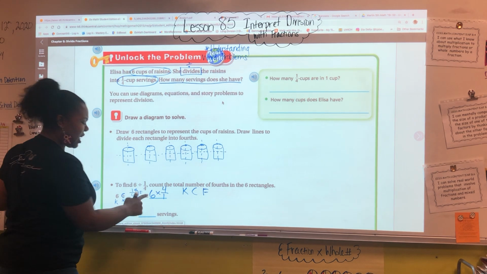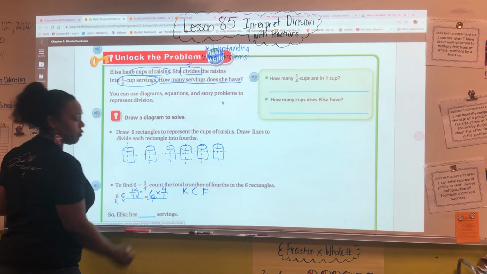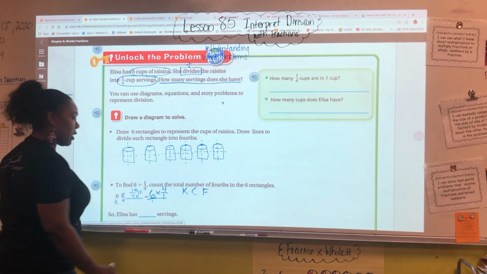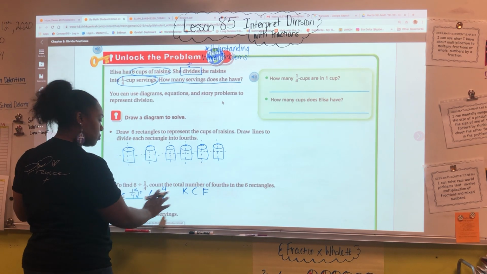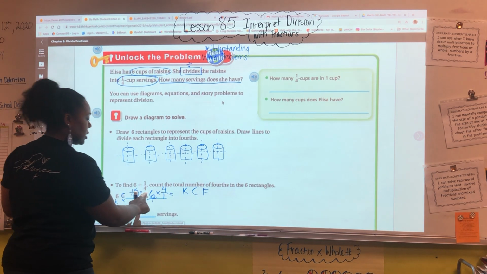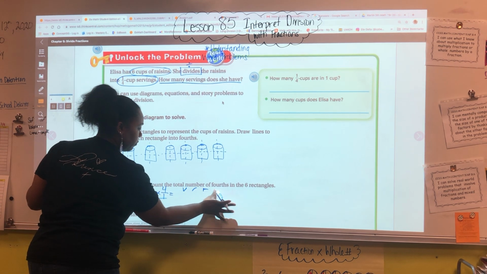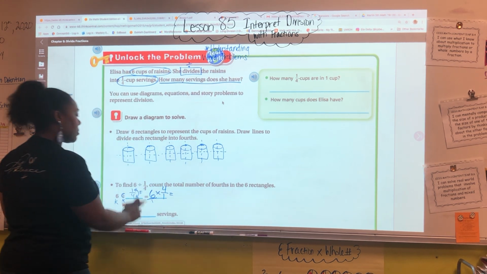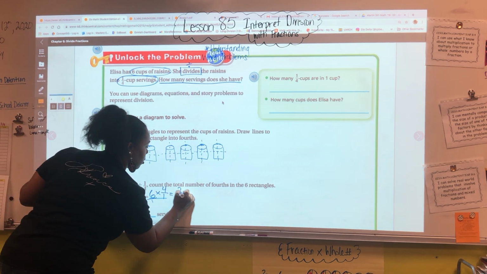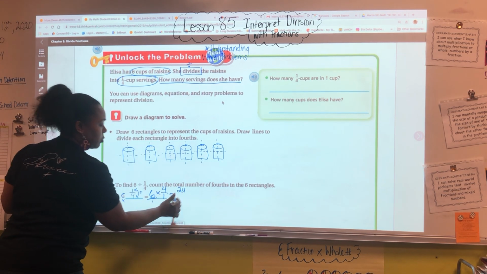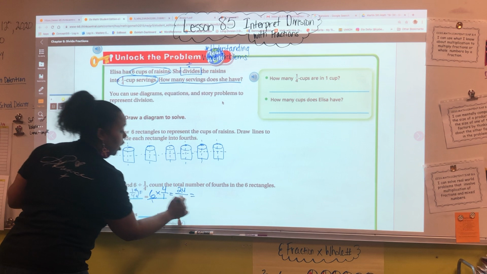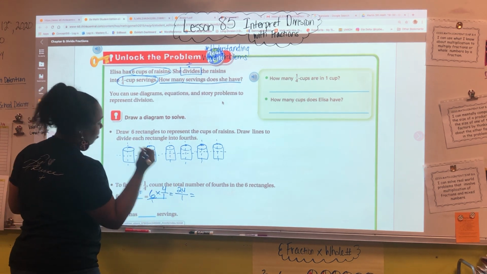Now I also know that this is a whole number. I can just put that over 1 too. Same thing, keep, change, flip. Now, on the top I've got 6 and 4, so 6 times 4, I'm just going to erase that so I can move it over. 6 times 4 is 24. And then 1 times 1 is obviously 1. And we know that 24 wholes, well, that's the same as 24.